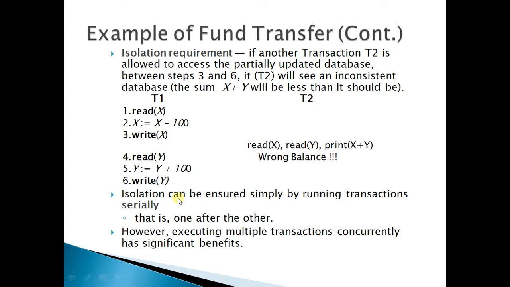Now you can understand this can be avoided if these two transactions are not allowed to run in a mixed manner. First this one is executed completely and then the other. This is known as serial execution, that is one after the other. But serial execution has a number of drawbacks. If there are a number of transactions, the last transaction has to wait a lot. It is something like you give a scooter for service, and only when your scooter is serviced completely is the next scooter started for servicing, so it will take a lot of time.